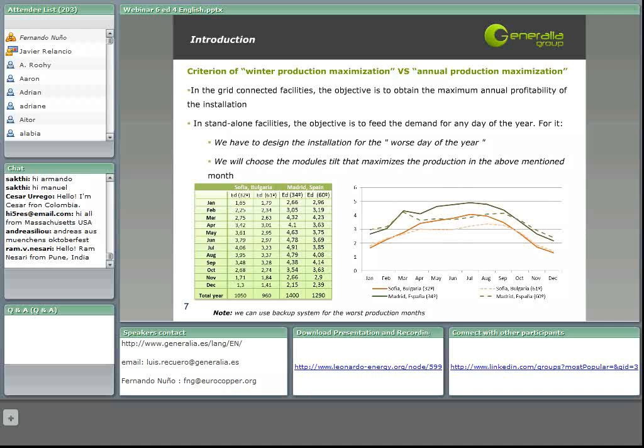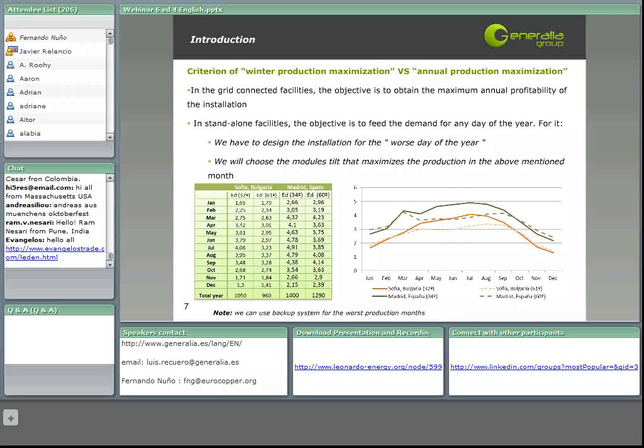For example, in the table chart that you have in this slide, you can see that the worst month of the year in Madrid would be December, with a production of 2.15 kilowatt hours per day.